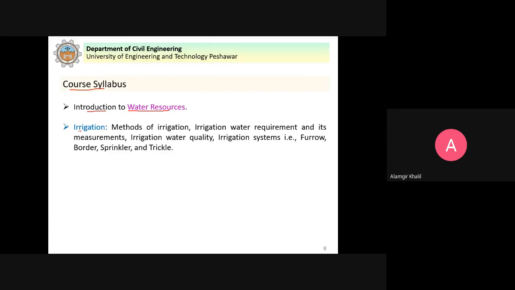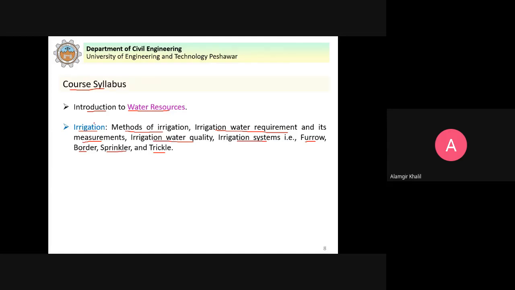Next, we will study about what is irrigation, what is irrigation engineering, what are the different methods of irrigation, irrigation water requirement and its measurements, irrigation water quality, and irrigation systems. These are the different systems through which we supply water to the agriculture area.